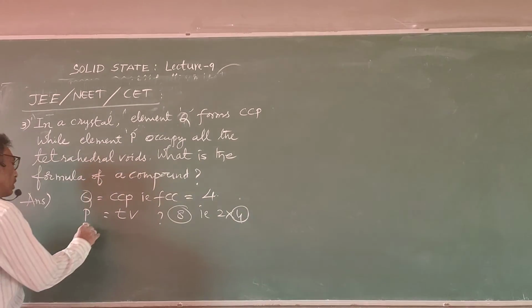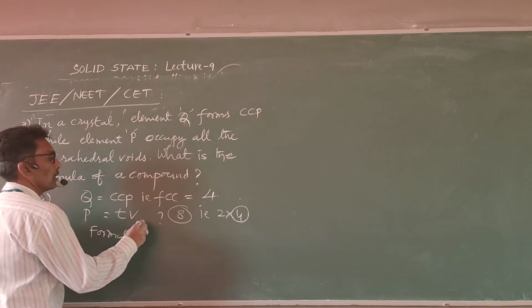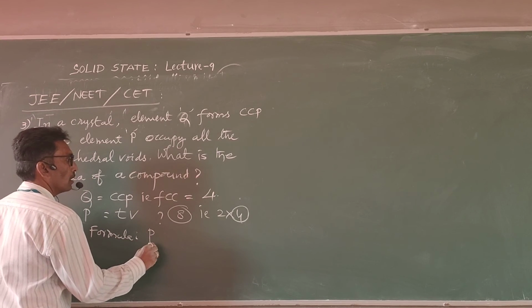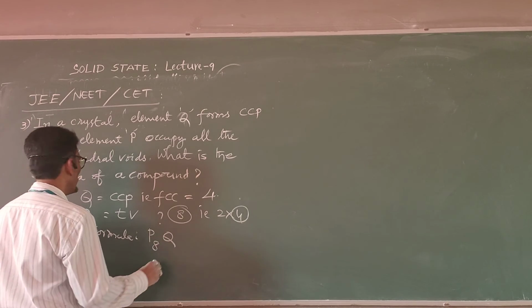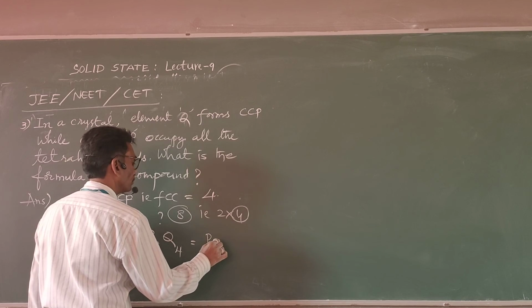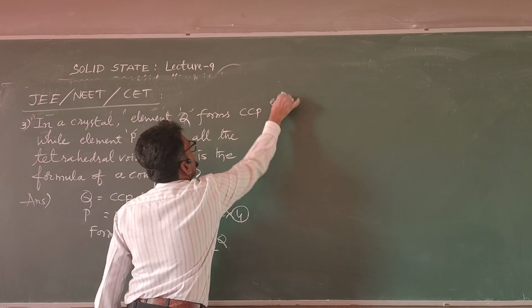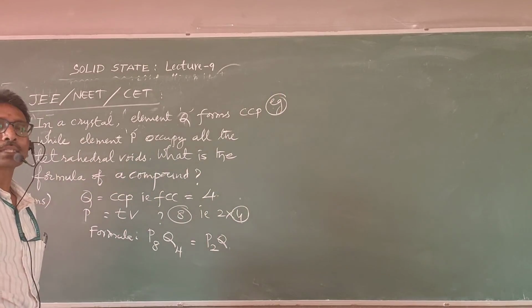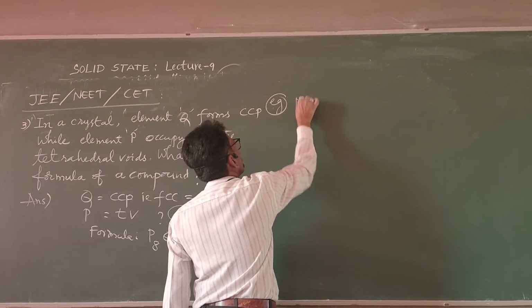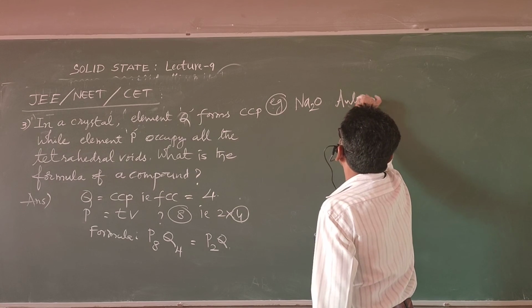Then the formula of the compound is P 8 in number, Q 4 in number, that is P2Q. The example in this case is Na2O. Na2O is known as anti-fluoride structure.